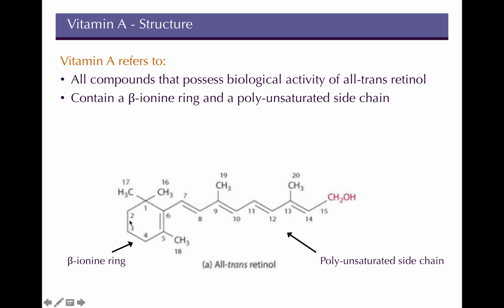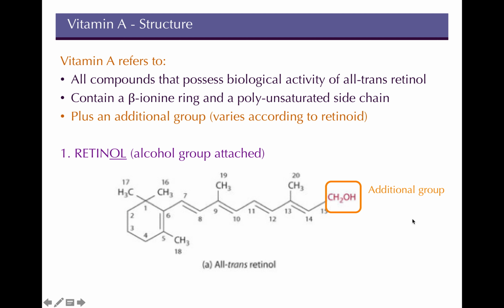They have this ring structure here, a beta-ionone ring, attached to a polyunsaturated side chain. So they pretty much look like this ring and then this chain. What differentiates the different forms of vitamin A is that they have this little additional group stuck onto the end of that polyunsaturated side chain.